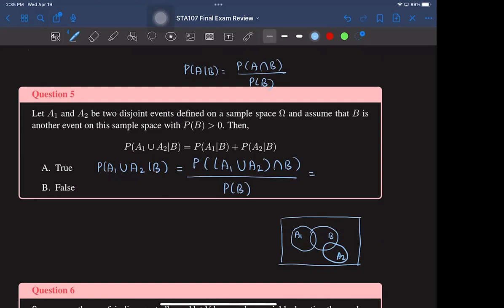And from here, we can use the distributivity.